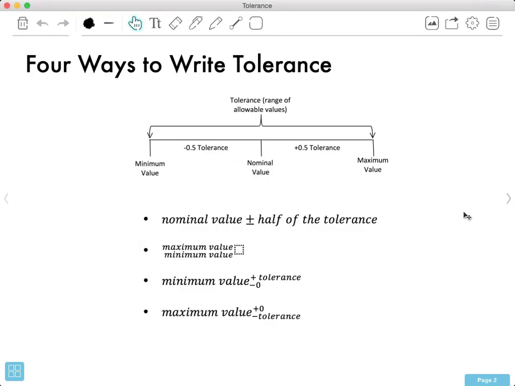So what you've probably seen in your book, if you've gone through this lesson already in your class, is this diagram, which shows you some of the words that have to do with tolerance. Tolerance itself is the range of allowable values from a low end, and I'll put that up here, to a high end.